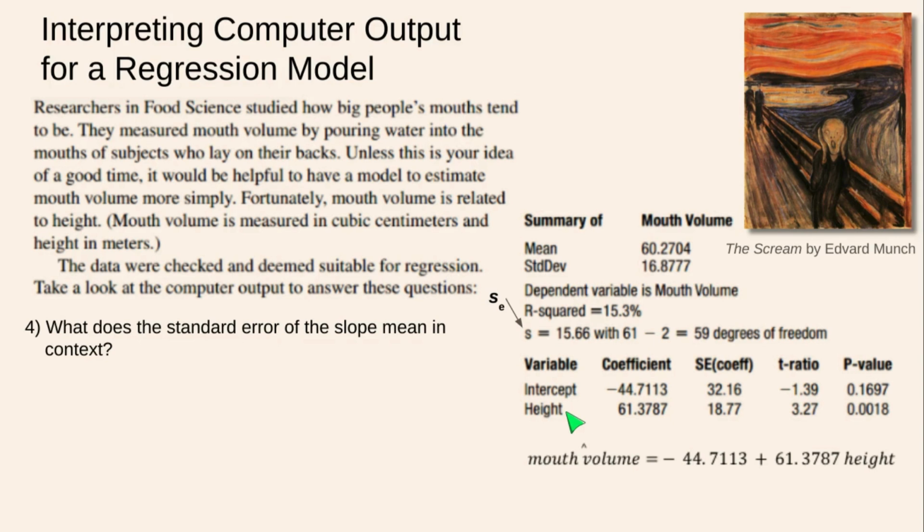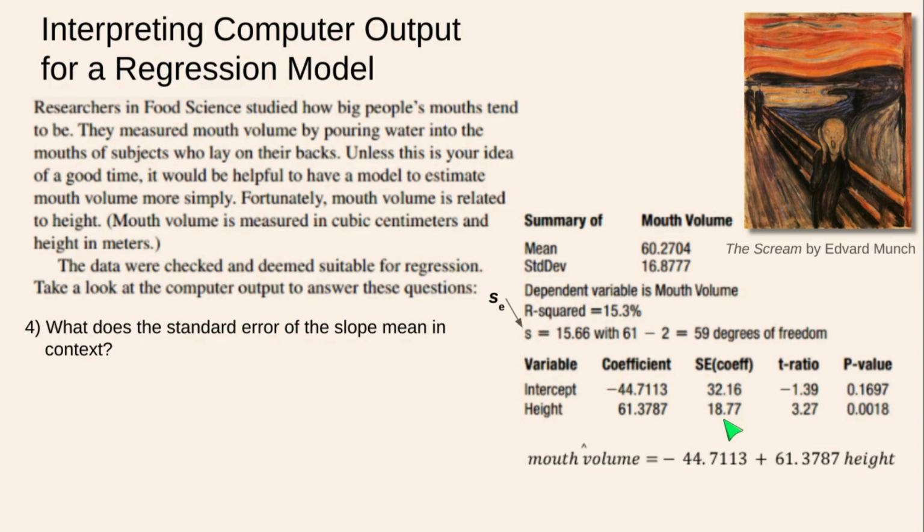We have a slope right here, which we can see in our regression line right next to height, but we also have a standard error, all right? We have a standard error for this coefficient. Now, what on earth does that mean? Well, we did introduce this in chapter 26, part 2, all right? And let's see what it means in this context.